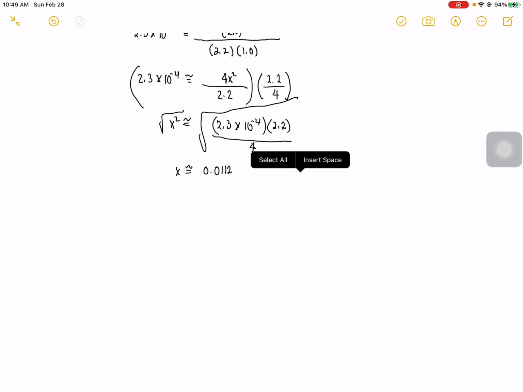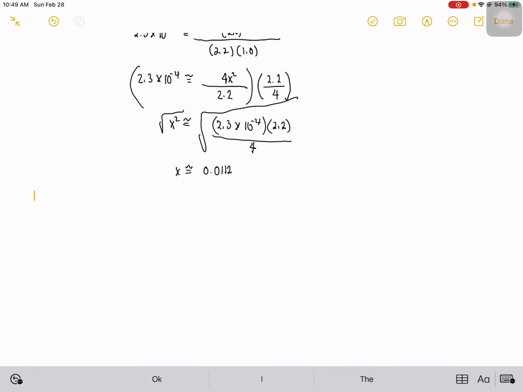Now we were able to get this value of x by using a simplifying assumption. Now this value of x is only as good as our assumption. If our assumption was not good in the first place, then the value of x that we got would not be as good as well.